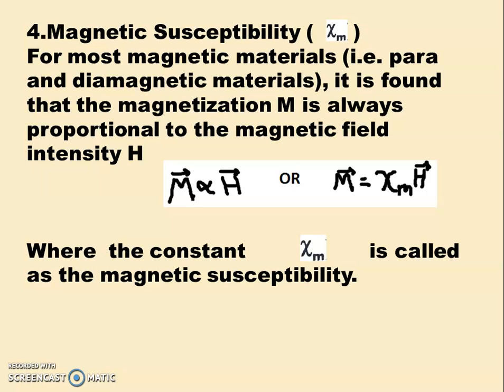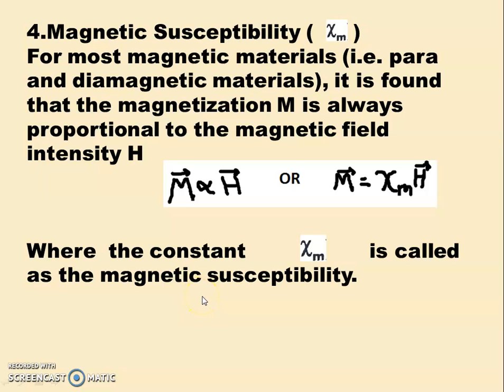The next, magnetic susceptibility, chi M. For most magnetic materials, that is para and diamagnetic materials, it is found that the magnetization M is always proportional to the magnetic field intensity H. That is, vector M is directly proportional to vector H, or vector M is equal to chi M into vector H, where chi M is simply the proportionality constant, called the magnetic susceptibility.